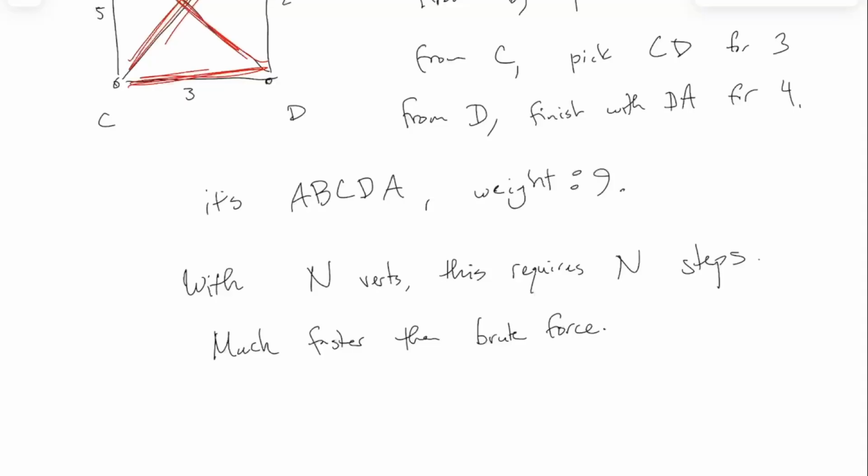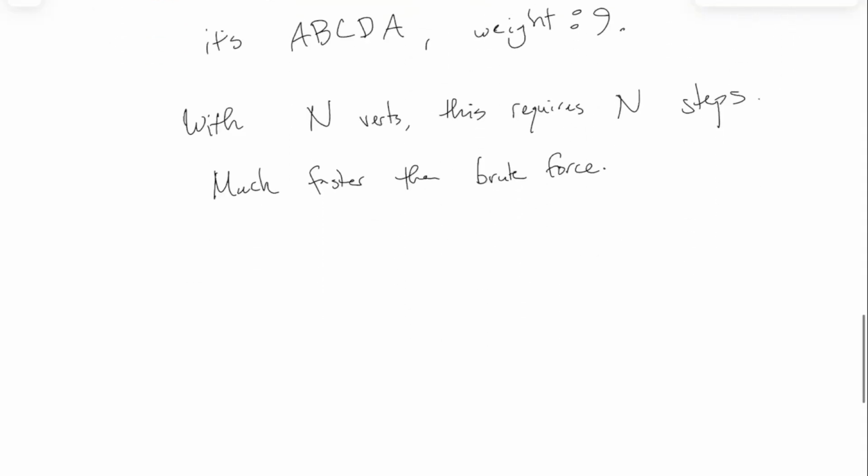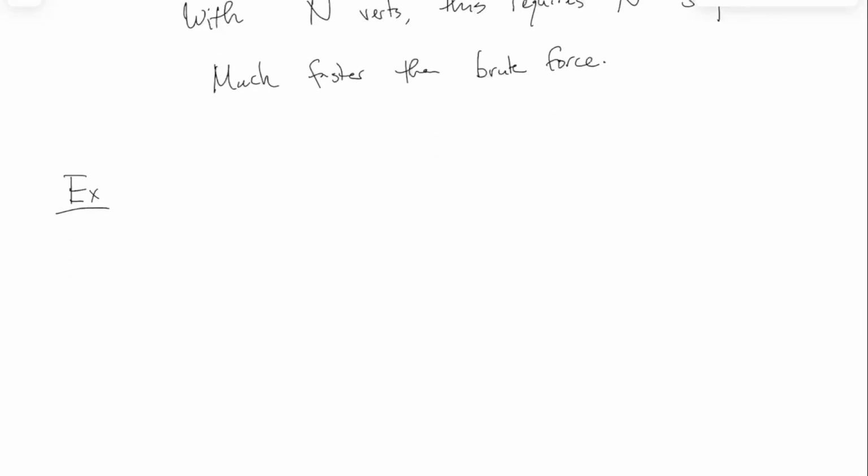Of course, the downside is you don't always get the absolute best answer. So I have just an example to show how that can happen. Unfortunately, nearest neighbor doesn't always give the absolute best answer.